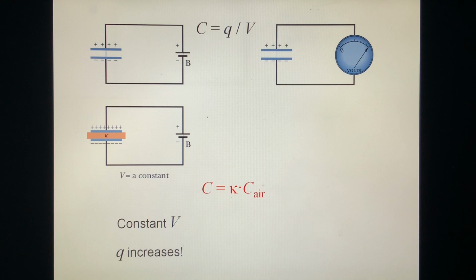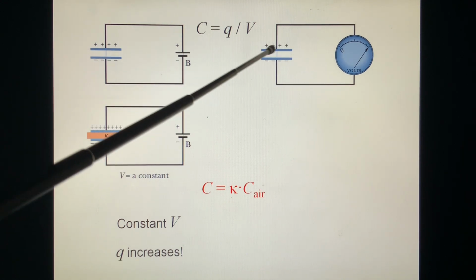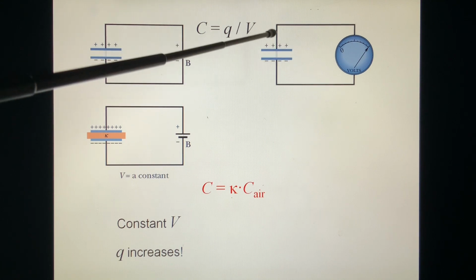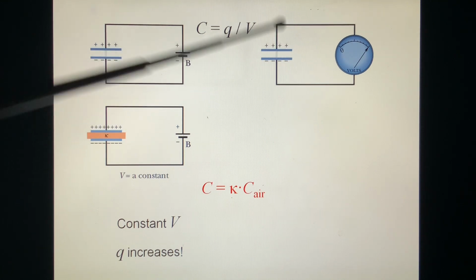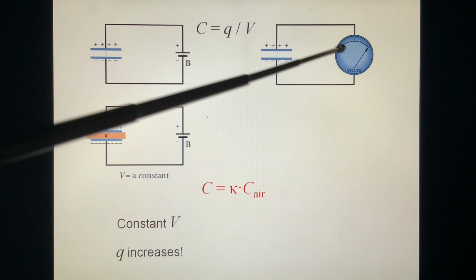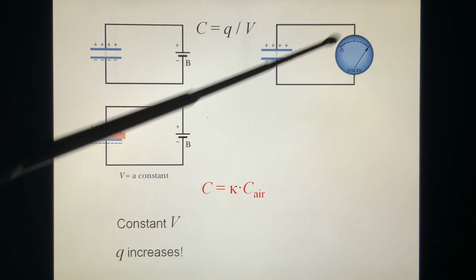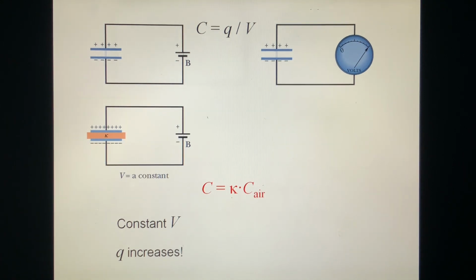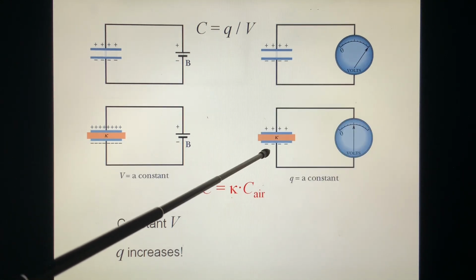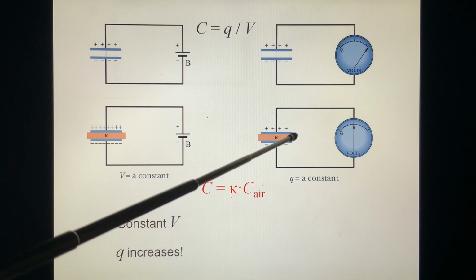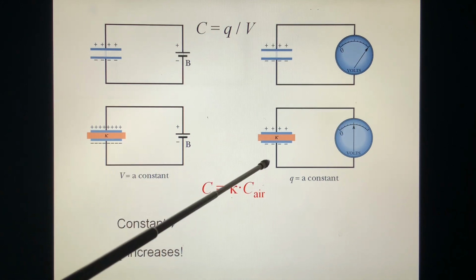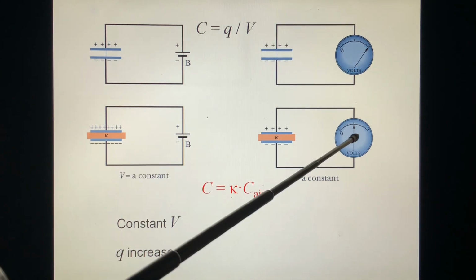Now, another situation. We disconnect the battery and connect the capacitor to a voltmeter with a very huge internal resistance. Originally it was charged to the same V as before. Now we put the dielectric between the plates again, and we find the V across this capacitor decreases.